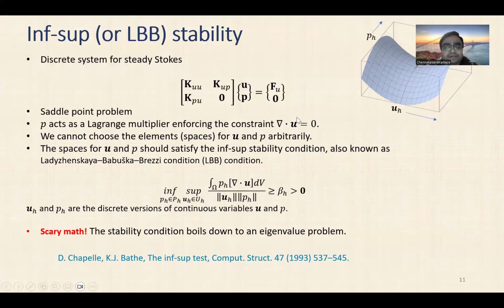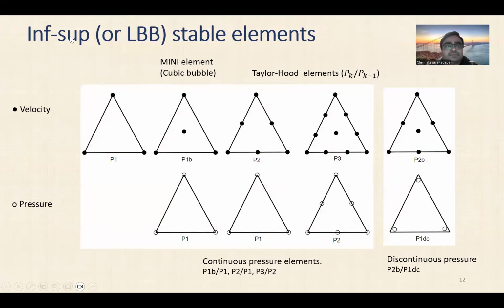The implementation is a little bit complicated. In terms of LBB stable elements, we have quite a few combinations that we can use. Here, this is called the mini element. This is a 3-node element with a cubic bubble, which will be at the center.